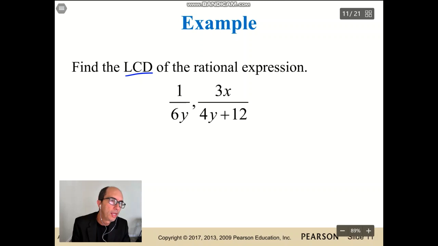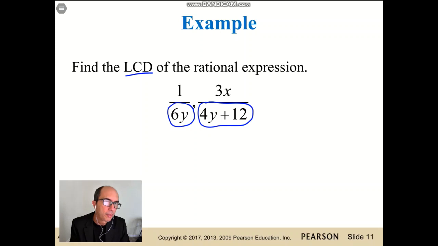Find the least common denominator of the rational expressions. This is one of the denominators, 6y, and 4y plus 12 is another one. So let's work here. First step, remember the steps, factor each denominator. So 6y is equal to 2 times 3 times y, right?